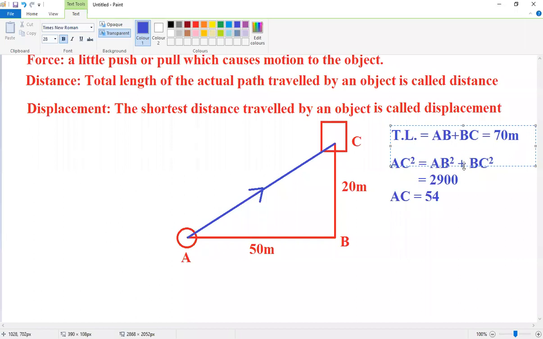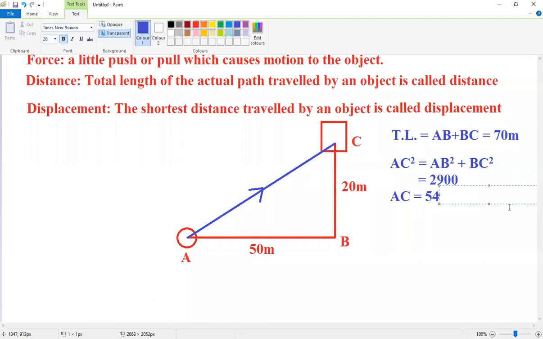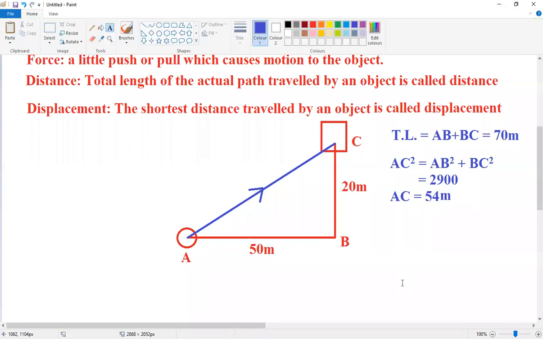So the total length of that actual path was 70 meters, whereas the shortest distance is about 54 meters. So 54 meters is the displacement since it is the shortest distance.